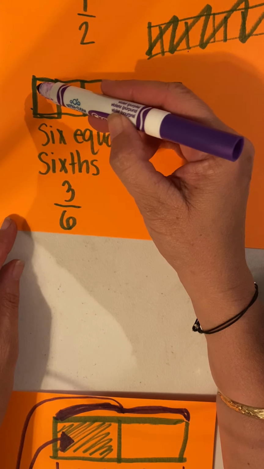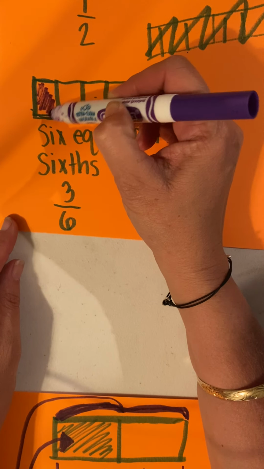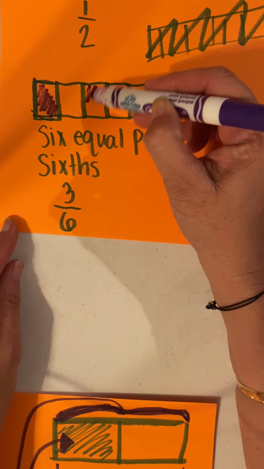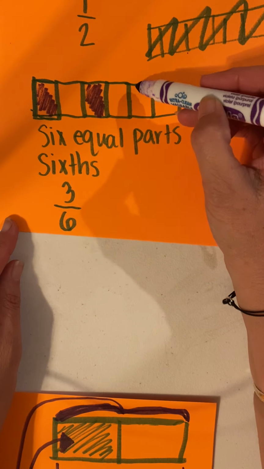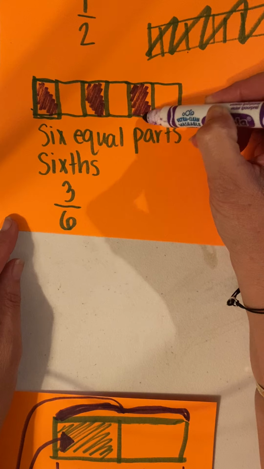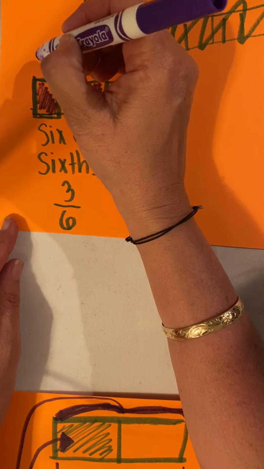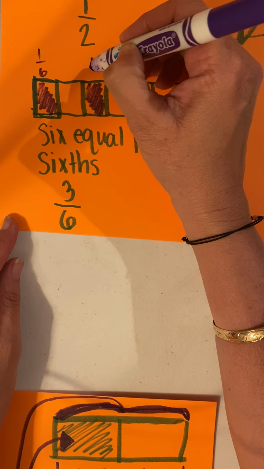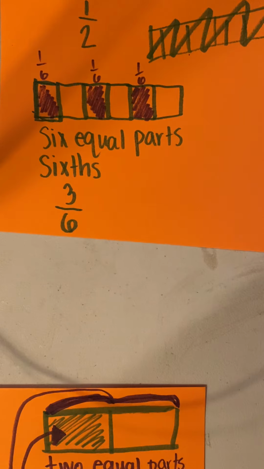It doesn't matter. You can do the first 3, the last 3, or skip around. There's 1, there's 2/6 are now colored in. 3/6 are now colored in. This 6 is colored in, this 6 is colored in, and this 6 is now colored in.